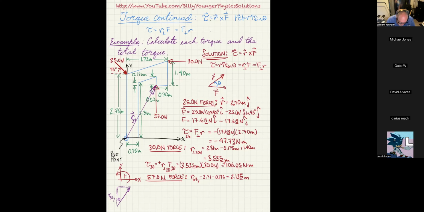Now I've got to figure out how far horizontally it is. What we know is the whole width is 1.72, from the left-hand side all the way to the far right-hand side. If I want to know the width to the little dot right here, all I need to do is take this whole width, which is 1.72, and subtract 0.7. This is what I'm going to call R57X.